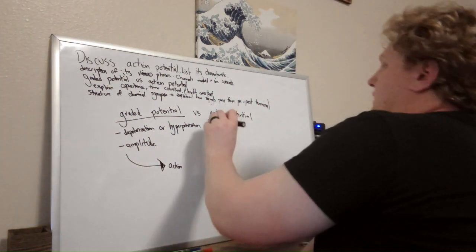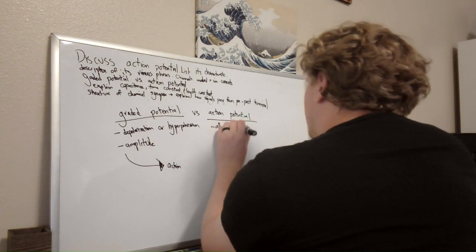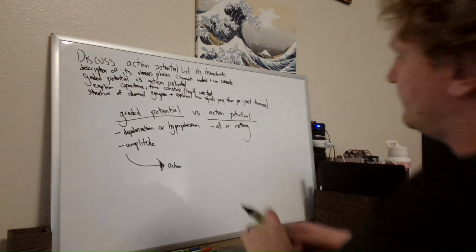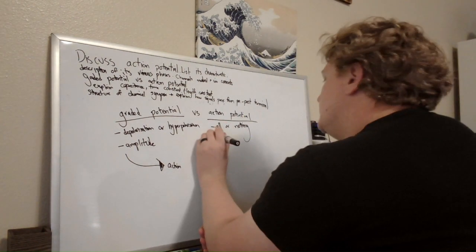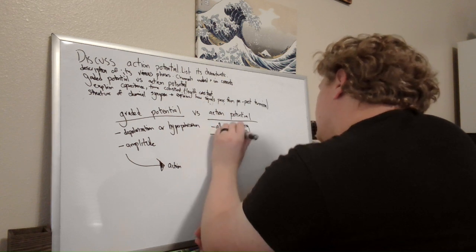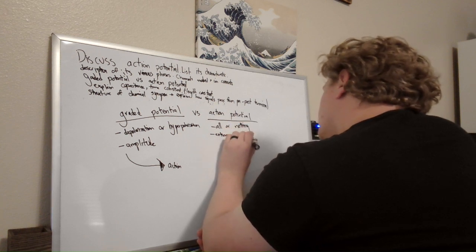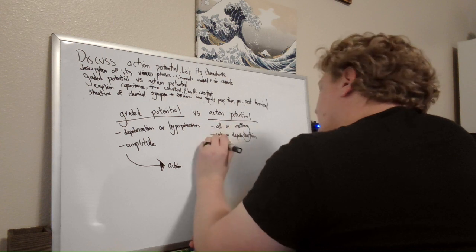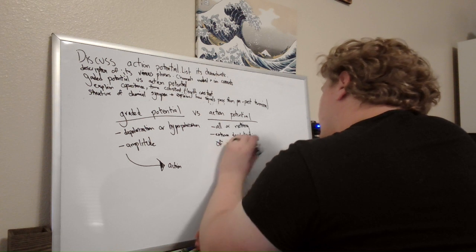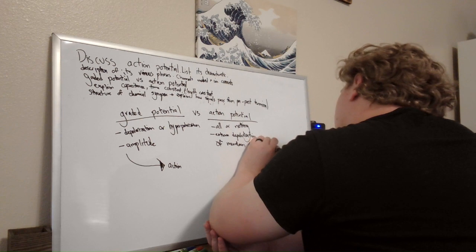Action potential, on the other hand, like I was saying earlier in the video, it is an all or nothing. And we see extreme depolarization of the membrane and hyperpolarization.